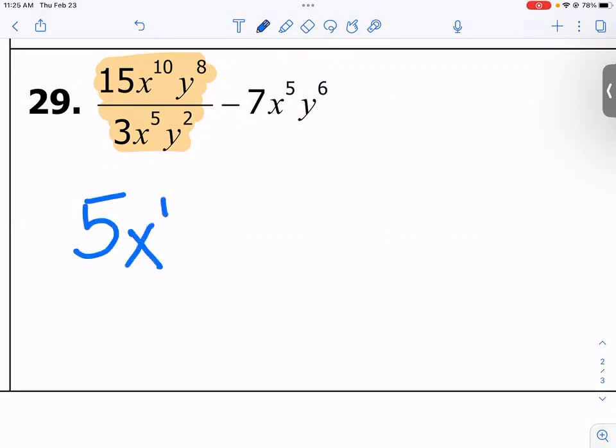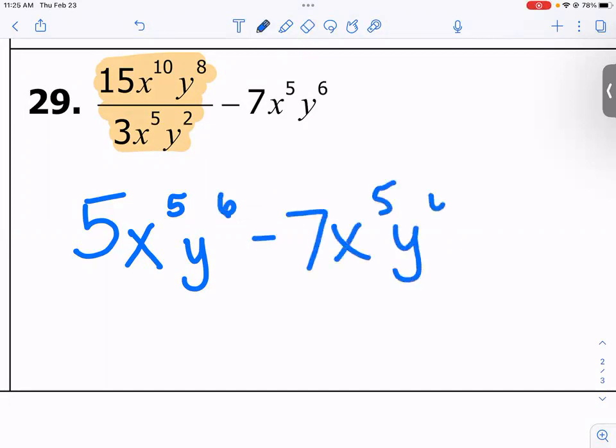Okay, then we need to take our exponents. Since we're dividing, we need to subtract. What's 10 minus 5? And y, we need to subtract our exponents. 8 minus 2. Why is that just so exciting? We have like terms, which is what we need to subtract.